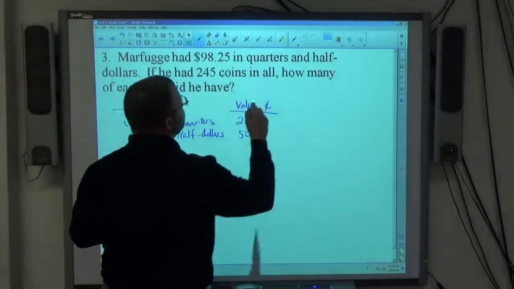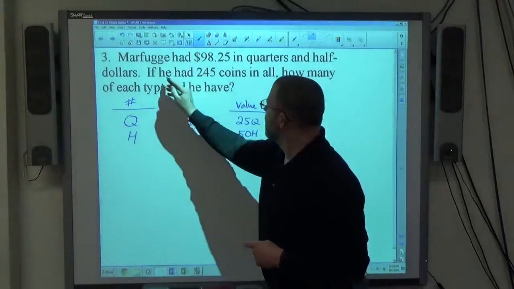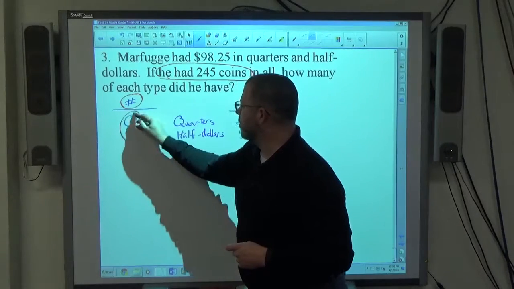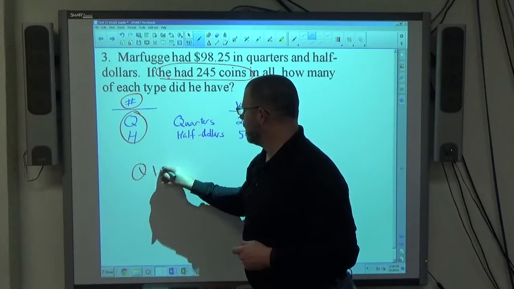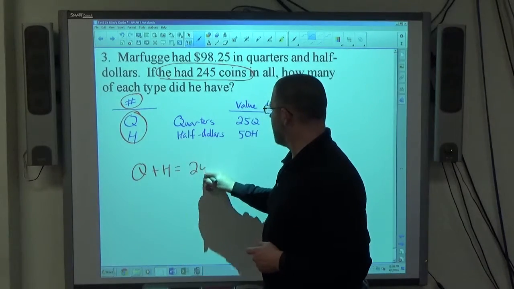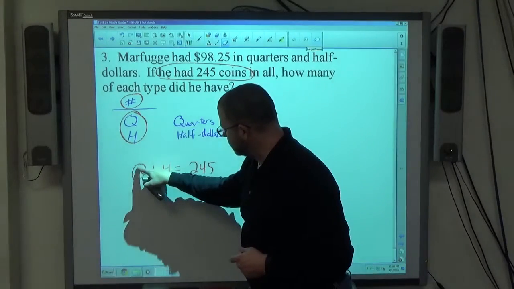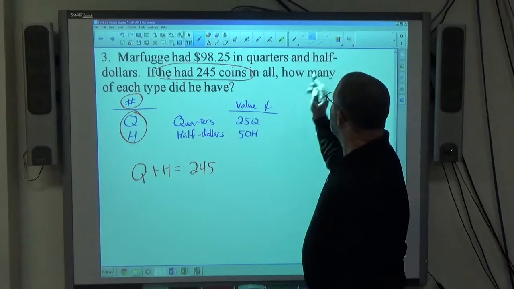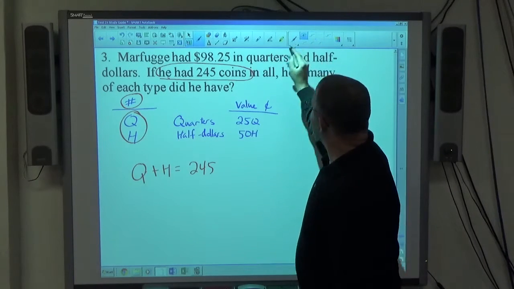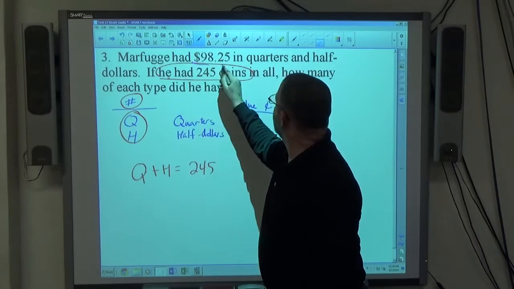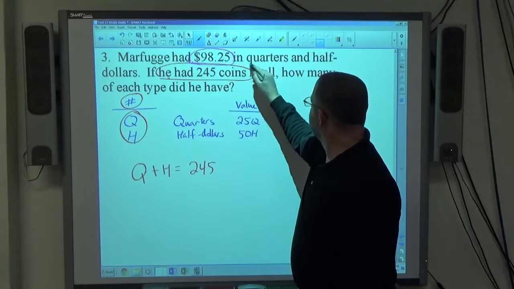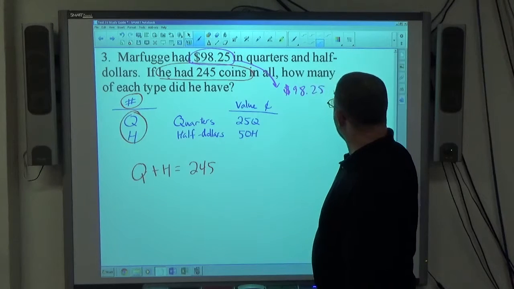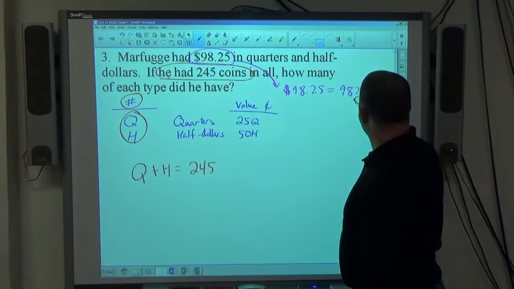And then we just take a look at the facts to create equations. So he had 245 coins. That represents a number of things. We use the number variables. Q plus H is equal to 245. The other fact, it says that he had $98.25. $98.25 is the same as 9,825 cents.